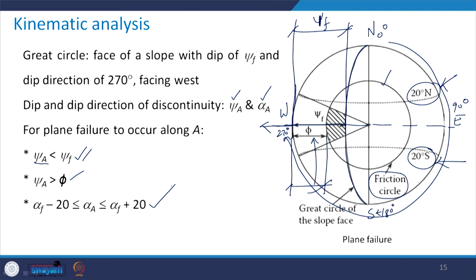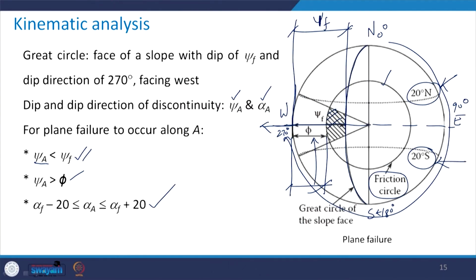You take all these 3 conditions on this graphical plane and find out what is the area of intersection of these. So, you see that area I have shown here with the help of this hashed portion. So, if the discontinuity is lying somewhere in this zone, then only the plane failure is going to occur, otherwise not.